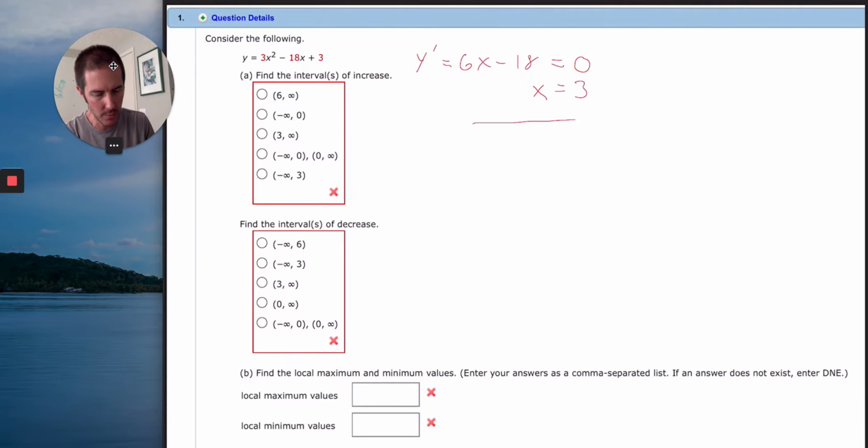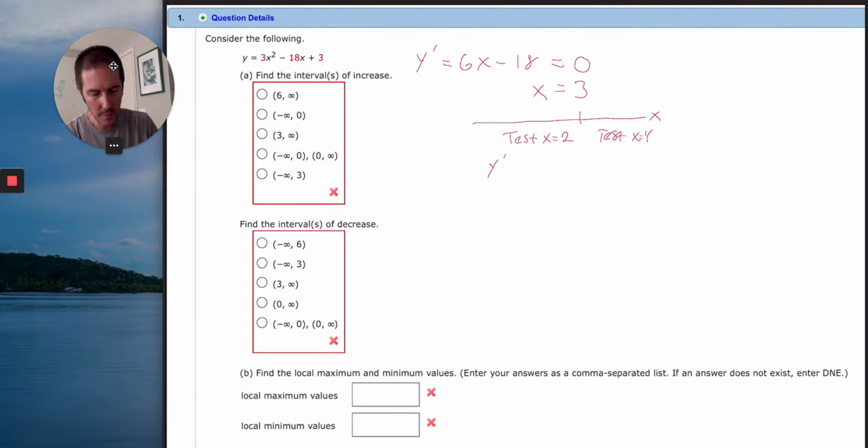Actually, I'm going to have that on my x-axis be 3. And I'd like to test a point with an x-coordinate of 2, and also test a point with an x-coordinate of 4 to see, in my first derivative, whether my function is increasing or decreasing on either side of this x value.